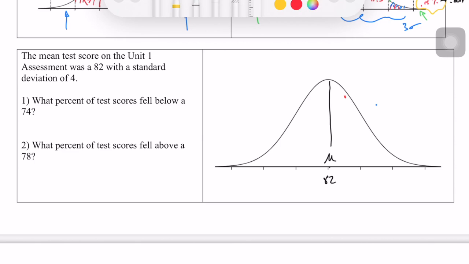So standard deviation was 4. So I'm going up to 86, 90, 94, 78, 74, and 70. I feel like I just did this. What percent fell below 74?